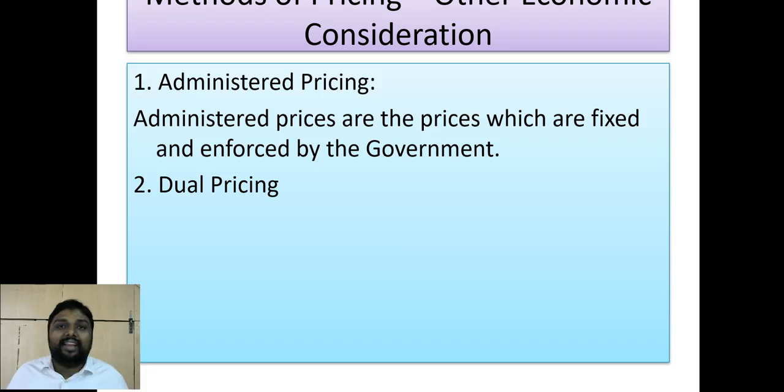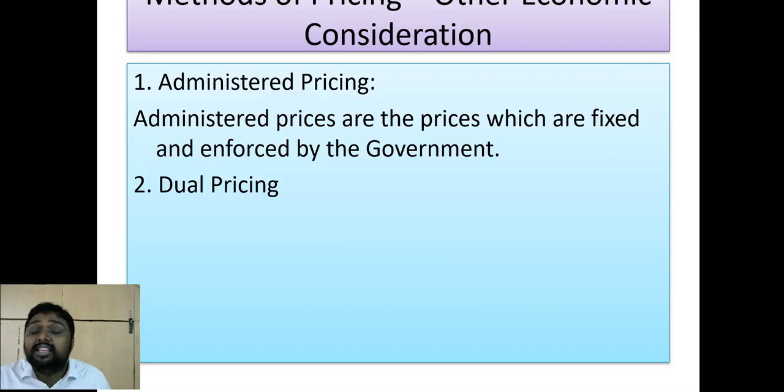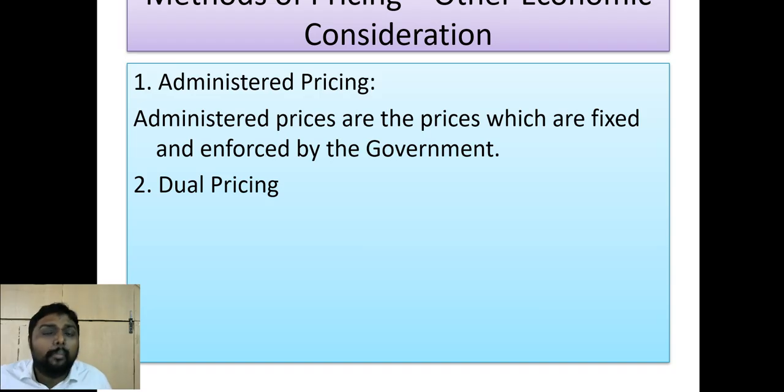Same market, that is in Chennai itself, same product, two prices. That is dual pricing. This dual comes because of two reasons. One price is determined by the government, another is determined by the market forces, that is demand and supply.